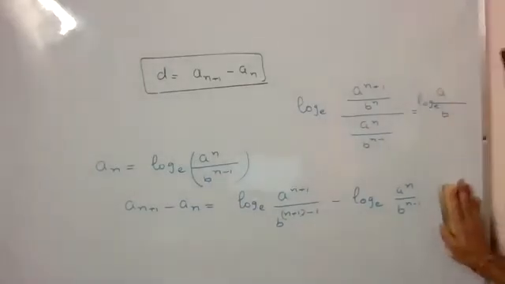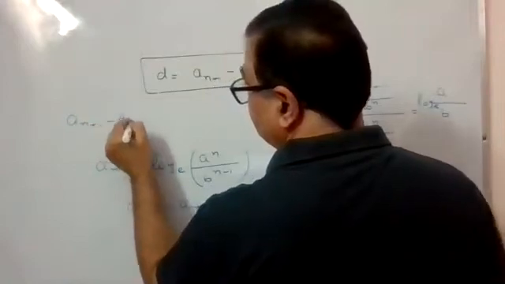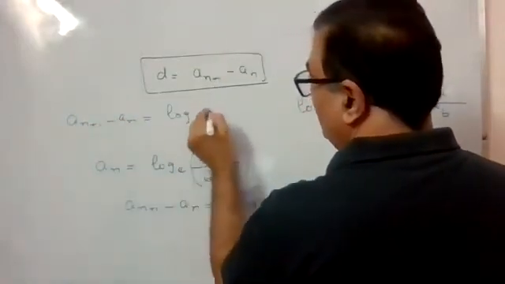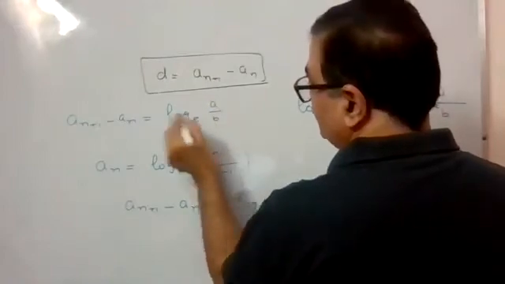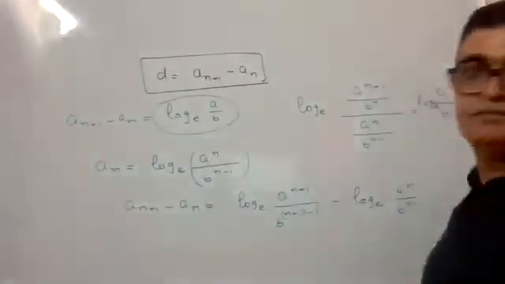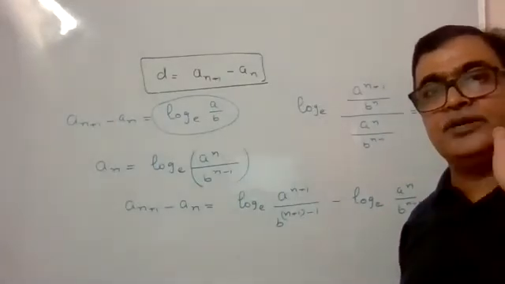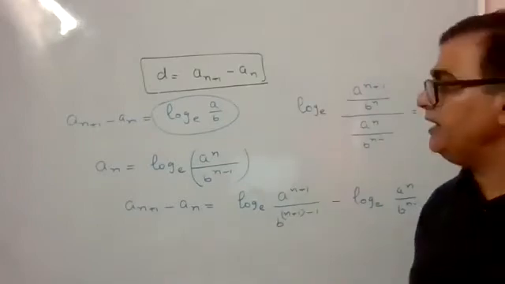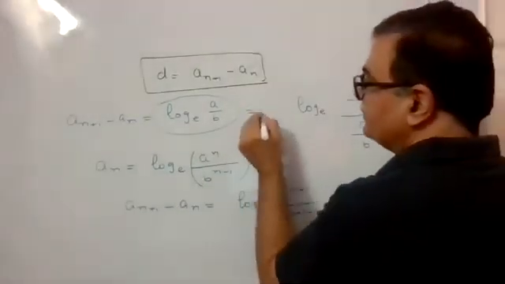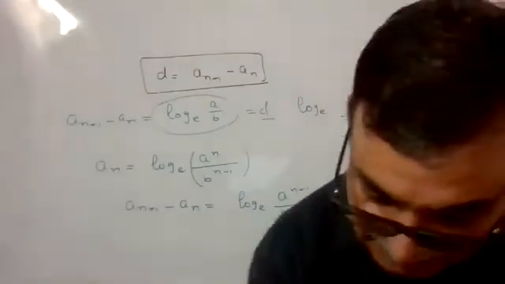Is it free from n? ये आपका आ गया log of a by b. No n coming in this case. कोई भी n नहीं आ रहा है, और n नहीं आ रहा है इसका मतलब it will be treated as a constant. इसका मतलब yes, it is an AP and this is our common difference. So common difference come out to be log of a by b.